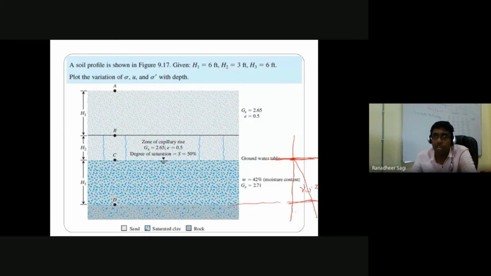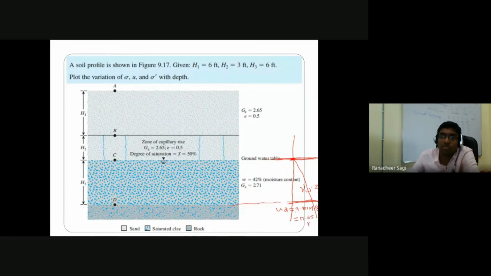At point D position, how much is my pore water pressure? The pore water pressure at point D is nothing but 9.81, the unit weight of water, into, where is the point D from the water table? Point D is at a depth of 1.8 meters from the water table position. That's nothing but 9.81 into 1.8.